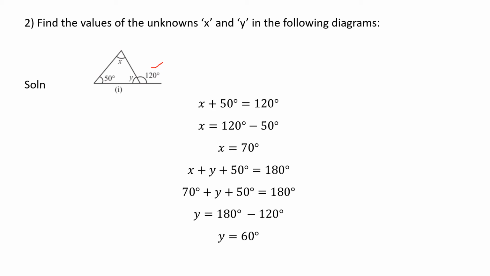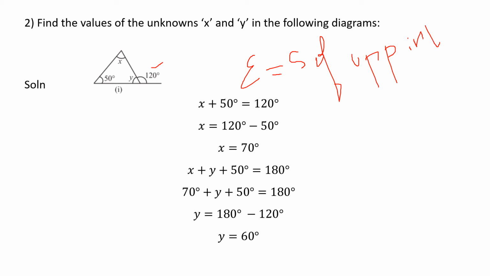So here you can apply angle sum property, and also you want to apply the exterior angle property. So what is exterior angle property, children? Exterior angle is equal to sum of opposite interior angles. So here, what is an exterior angle, children?